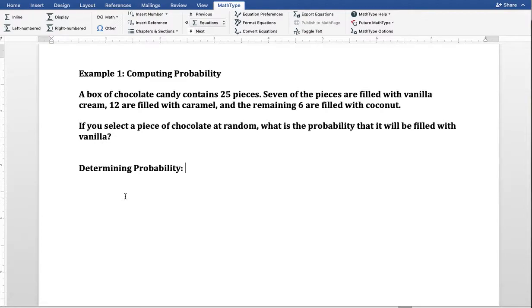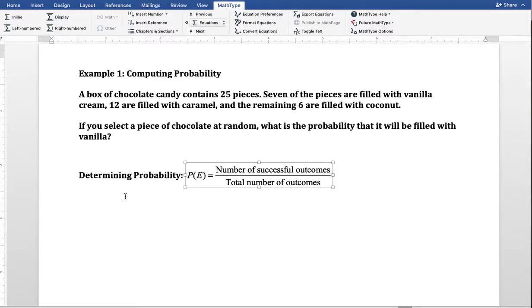Well, the probability, the likelihood of something happening, so here we have the probability of event E, would be the number of successful outcomes out of the total number of outcomes. And when we're going through probability, it's always down to this formula. Everything that we do with probability, we set up what are the total of the number of successful outcomes, what are we desiring out of our total number of outcomes.